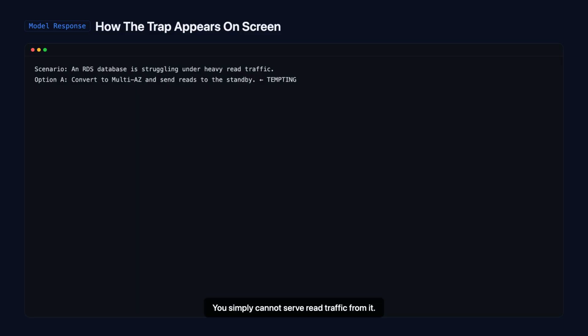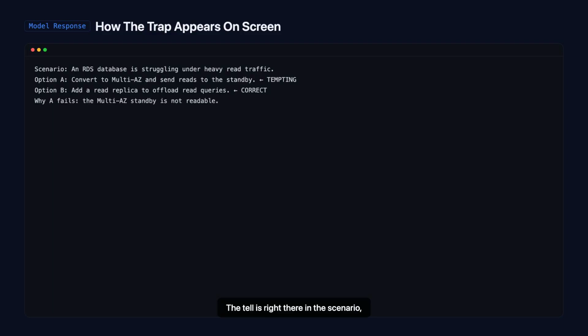You simply cannot serve read traffic from it. Option B, adding a read replica to offload those queries, is correct. The tell is right there in the scenario. Heavy read load. That points at a read replica every time. Same two services, opposite jobs, and the constraint is what decides.